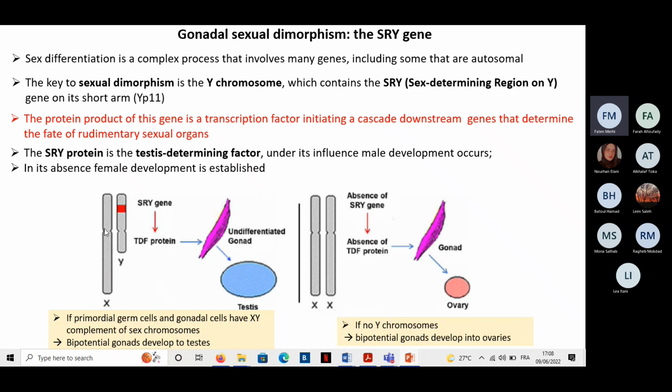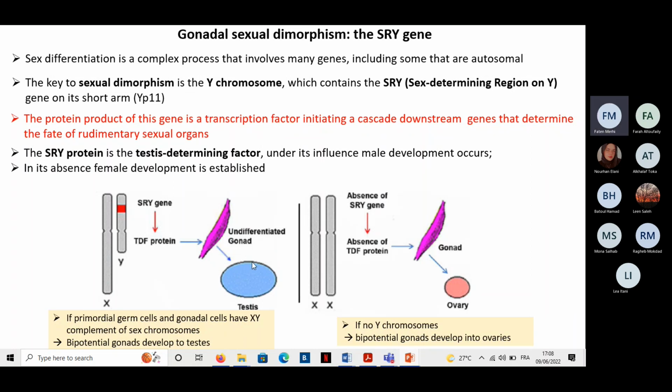This gene is carried on the Y chromosome, and it is called the sex determining region on Y. So whenever a person has a Y chromosome, they will have the SRY gene, and the presence of this gene is determinant for the development of the gonads into testis.